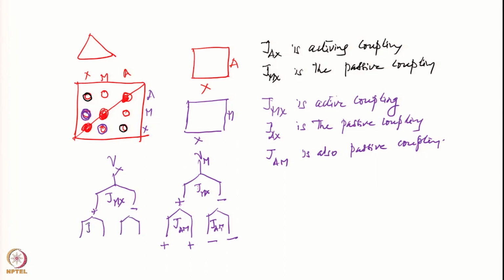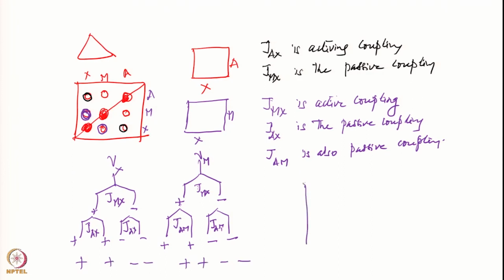This is J_AX. Here it was AM, here it is AX, because we are talking about the multiplet structure of the X spin. Therefore, the patterns can be different depending upon the relative magnitudes of the two couplings. Therefore, the fine structure of this is plus plus minus minus, and this is also plus plus minus minus.